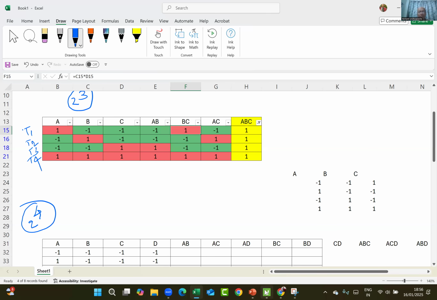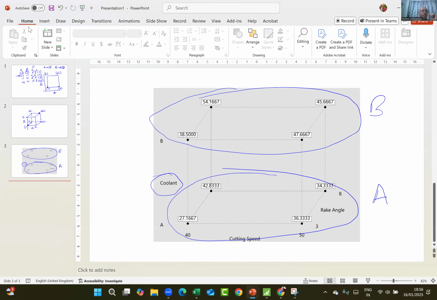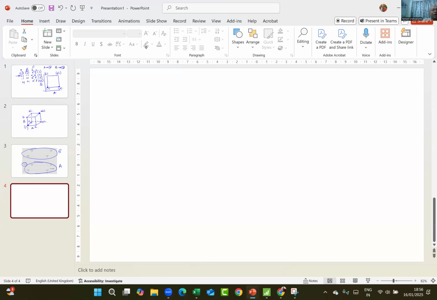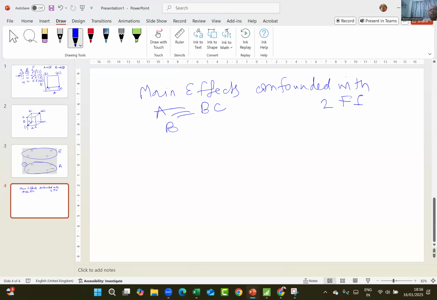So if I show this design, I will say main effects are confounded with two-factor interactions, namely A is confounded with BC, B with AC, and C with AB.